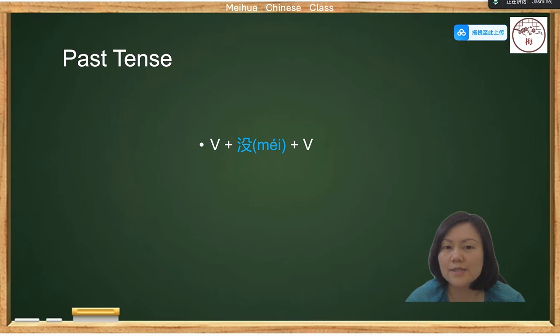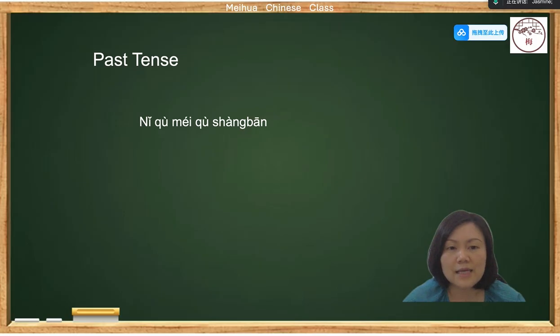Instead of saying 不, we use another character 没, which means something happened or not in the past. We're not talking about the present or the future. Verb plus 没 plus verb. For an adjective, it's the same 不. We don't see adjective 没 adjective.